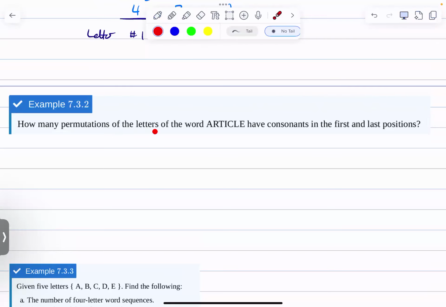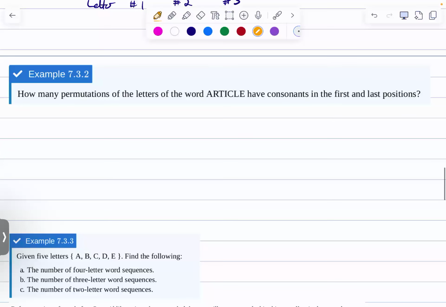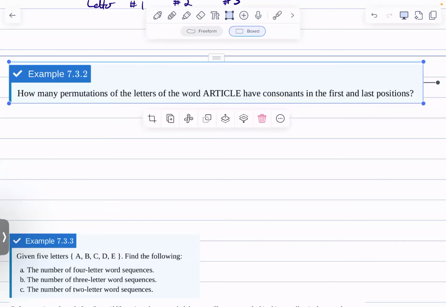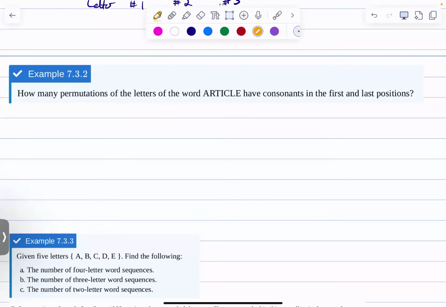How many permutations of the letters of the word ARTICLE have consonants in the first and last positions? Now, consonants are non-vowels. Note, consonants are not vowels.